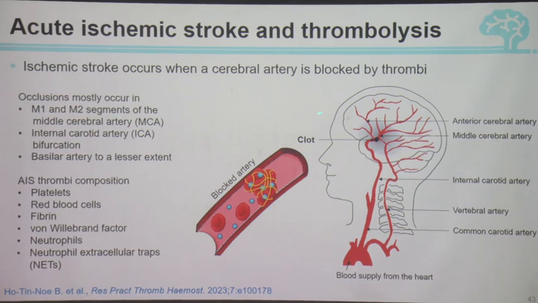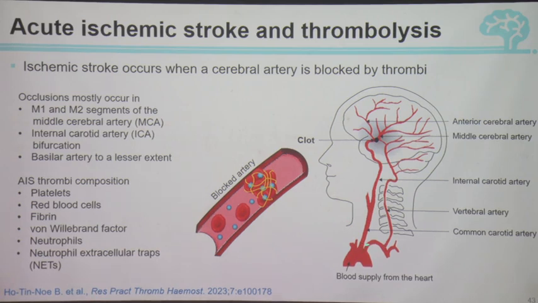So if we just familiarize ourselves with some of this anatomy, these are the major vessels in the brain. Remember that the heart is somewhere here, and this is the aortic arch. We've been looking at the aorta quite a lot in this region. Now we're going to move up, because one of these branches, or in fact two of them, will feed into the blood vessels in the brain.